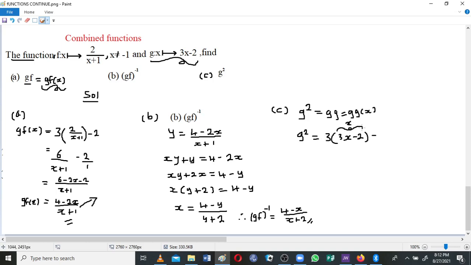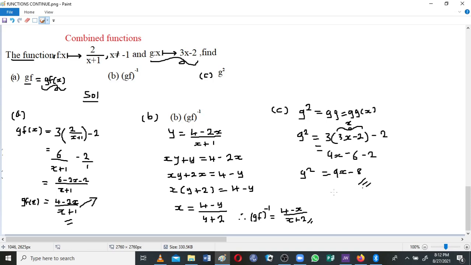So we have 3(3x minus 2) minus 2. We have substituted one function into the other, so we multiply: we get 9x minus 6 minus 2. This will give us 9x minus 8.